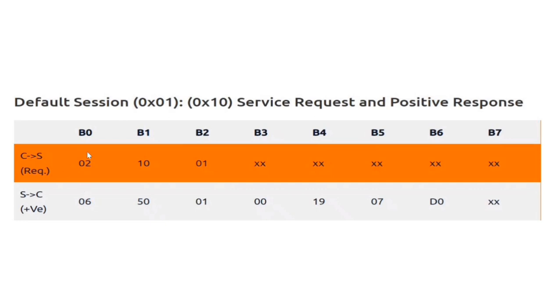The byte length is 02, the diagnostic session control ID is 10 and the subfunction ID is 1. It means we are switching from default session to default session only.